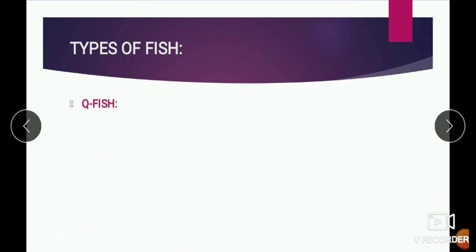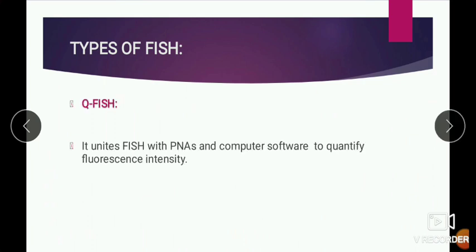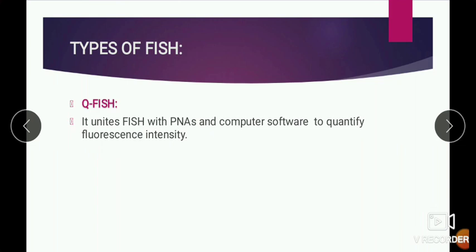If we look at the types of FISH, we have Q-FISH. It unites FISH with artificially synthesized peptide nucleic acid, and computer software is used in order to quantify fluorescence intensity. Telomere length research involves use of this technique. The next type is hybrid fusion FISH.